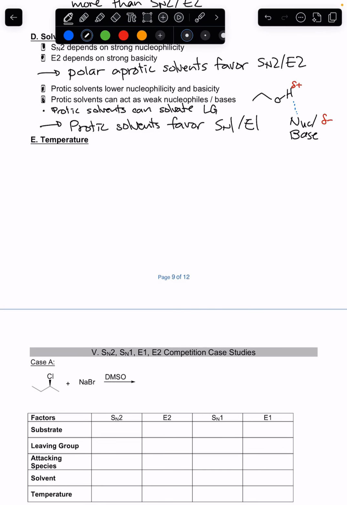The last factor here is temperature. You probably recall because of the Gibbs free energy equation, where the entropy factor is multiplied by the temperature, the higher temperature favors elimination reactions.